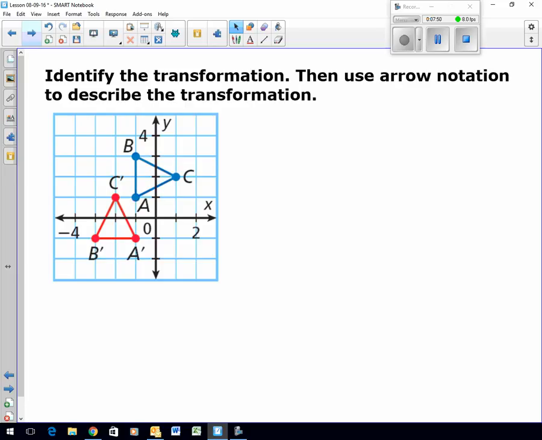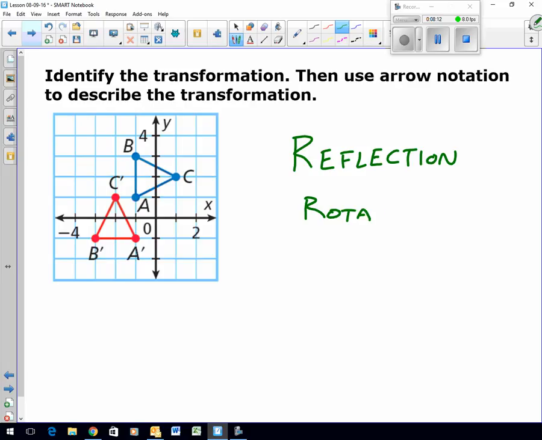A prime, B prime, C prime, correct? All right, we got 3 particular transformations we've talked about. You got a reflection, a rotation, and a translation.